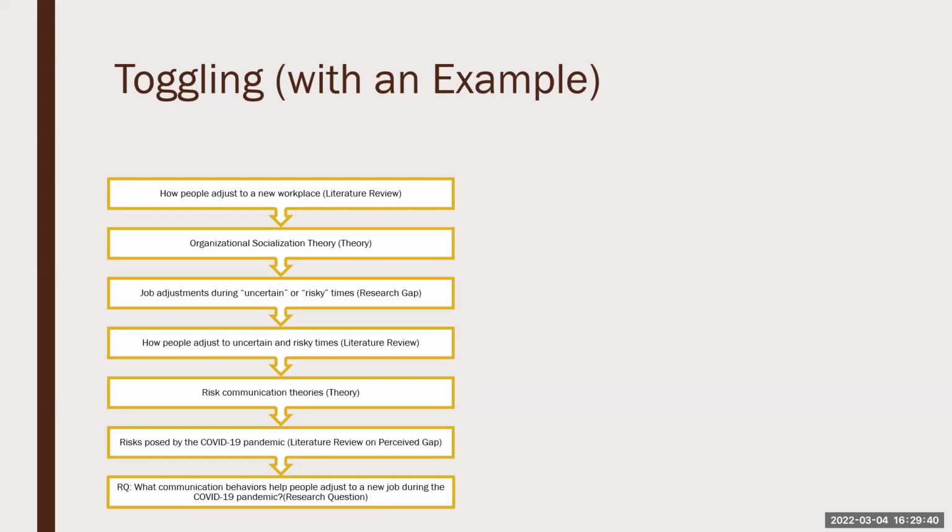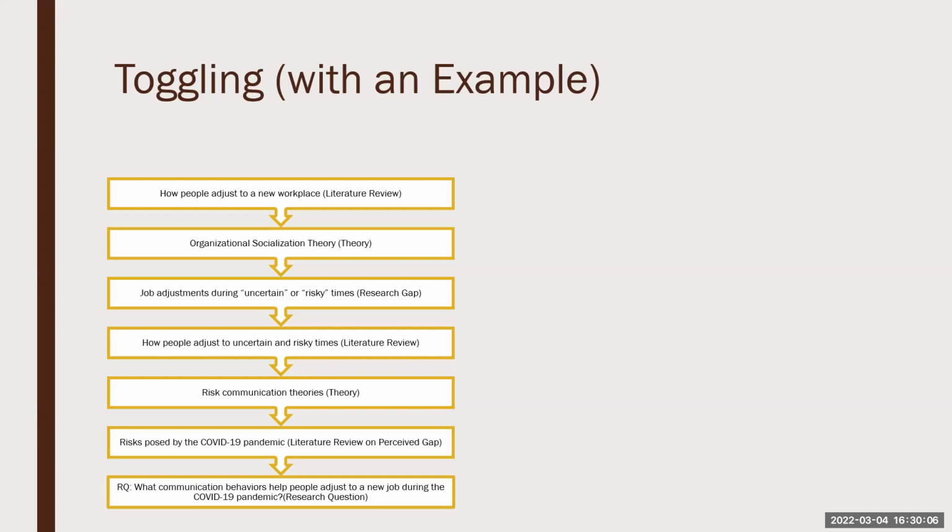As you are going through the literature, especially the communication literature, chances are you will come across repeated mentions of organizational socialization theory. And you will start to realize that this is a theory that is probably the best fit for this particular topic that you want to examine.